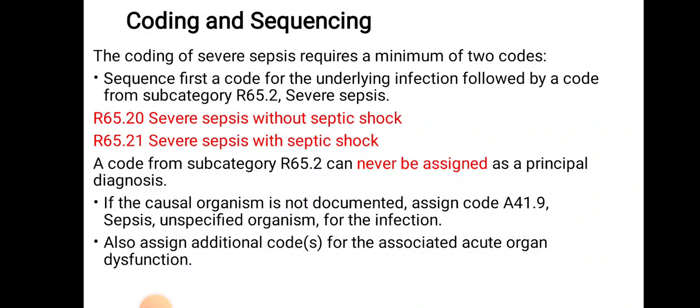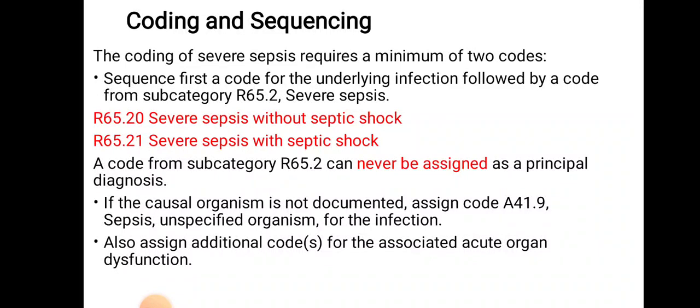One more thing: a code from category R65.2 can never be assigned as a principal diagnosis. It should always be coded as a secondary diagnosis. The primary code will be the main infection which is causing this sepsis or septic shock.